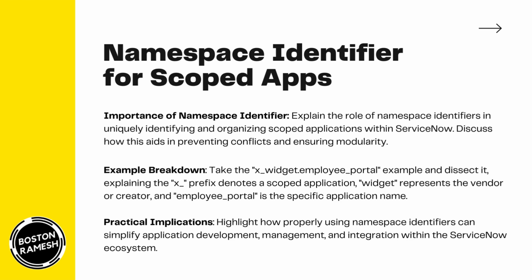This structured approach helps in modular development, allowing for easier updates, maintenance, and scalability of applications. It also streamlines the integration process with other applications and services within the ServiceNow ecosystem, because we know specifically what this application is and where it lives. Each application can be precisely identified and referenced without ambiguity.